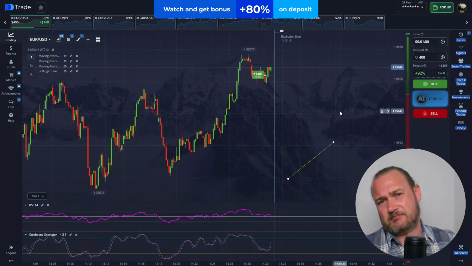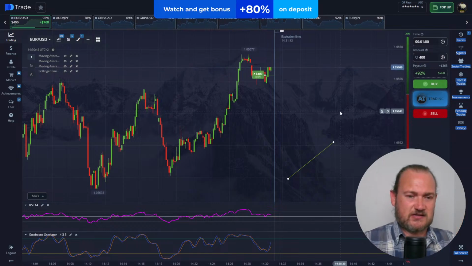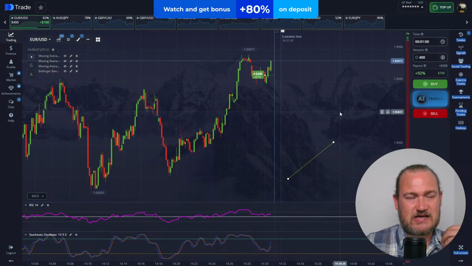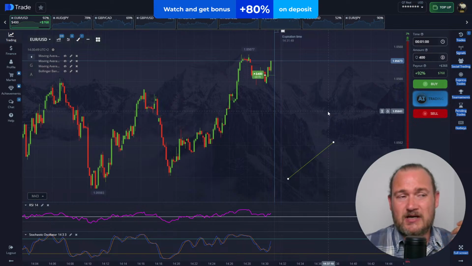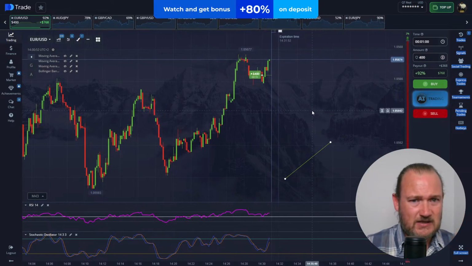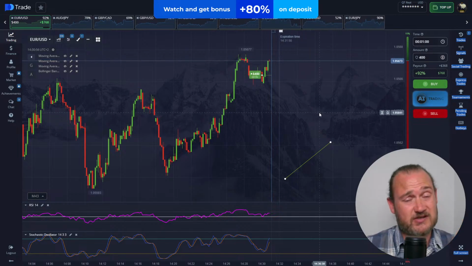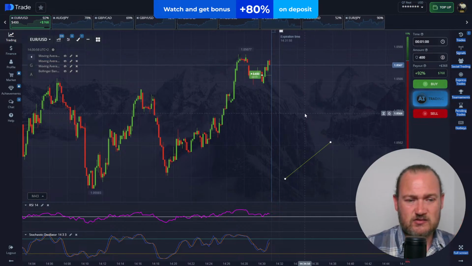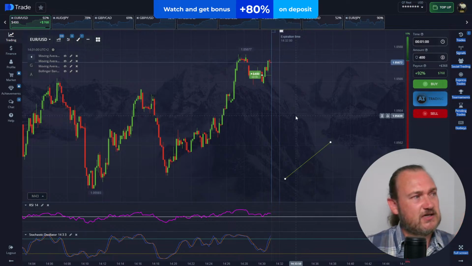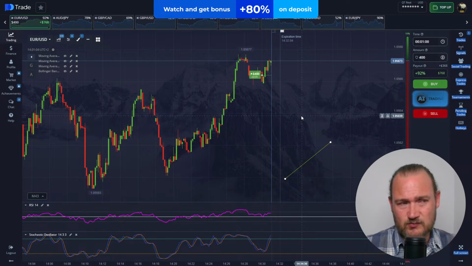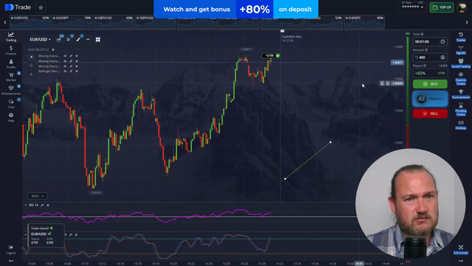If I lose a trade, I don't take another trade immediately. For me, that is a bad way of trading, and it usually ends up costing a lot of money for the people that do that. It's not a good way of trading. We wait for our trades. We know we're going to lose some trades. We know we're going to win more trades than we lose usually. There we go. A good trade.